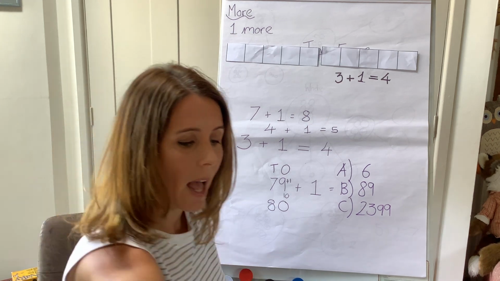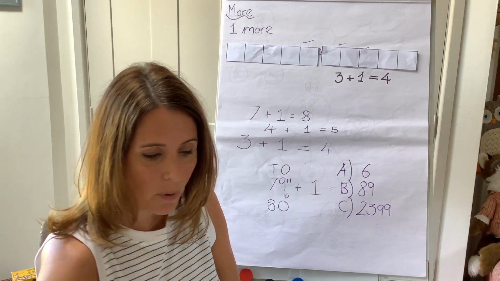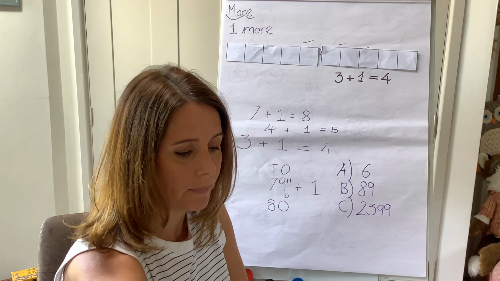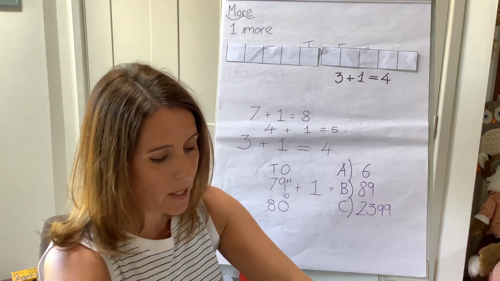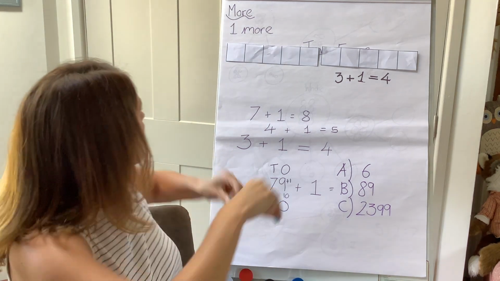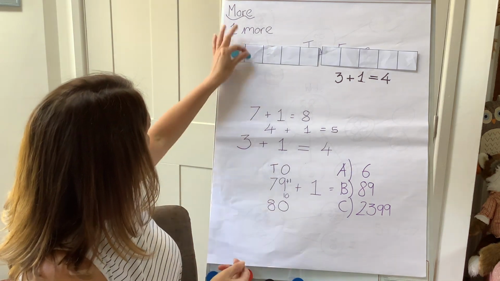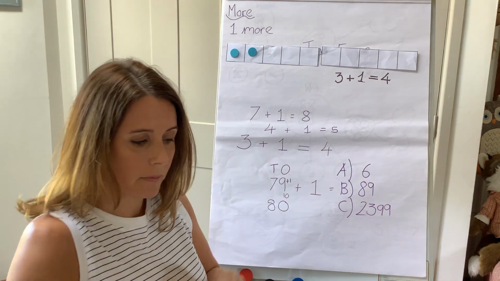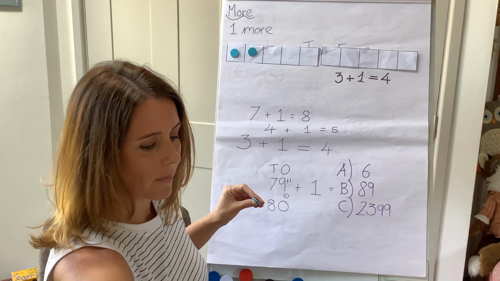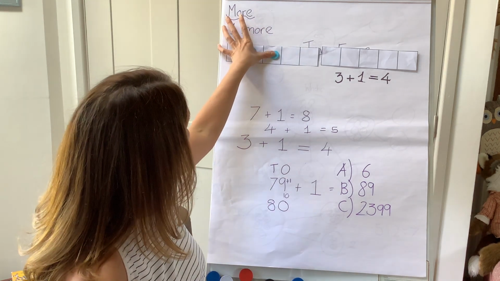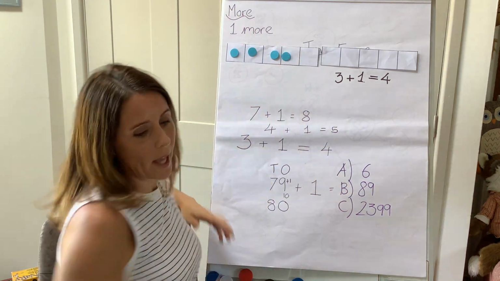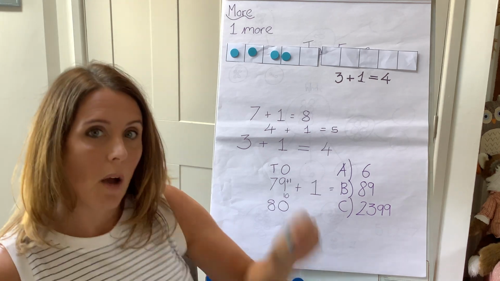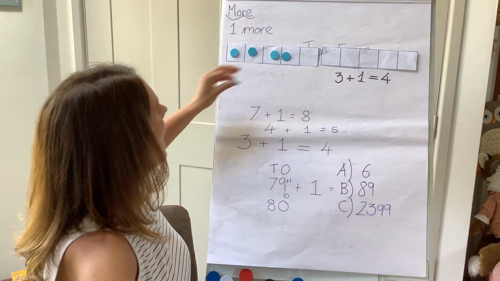So if we have the number sentence 4 add 1, then we can make it, so I'm going to have a go using counters. We can start with 4. Okay, we know we've got 4 there, and we can add one more. How many have we got now?